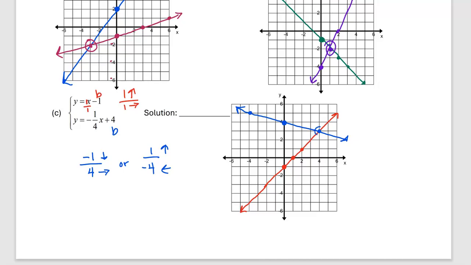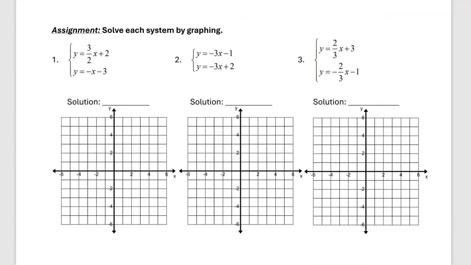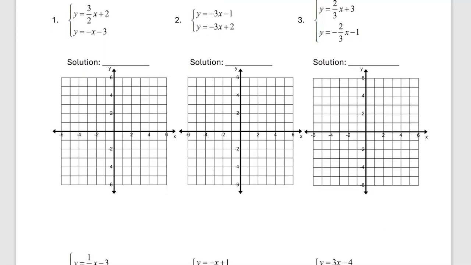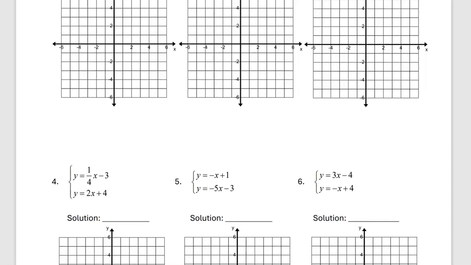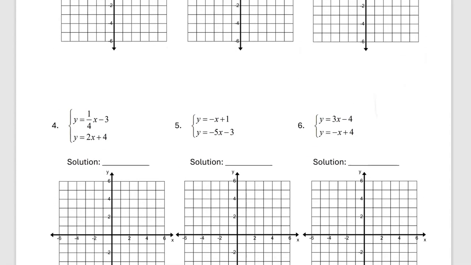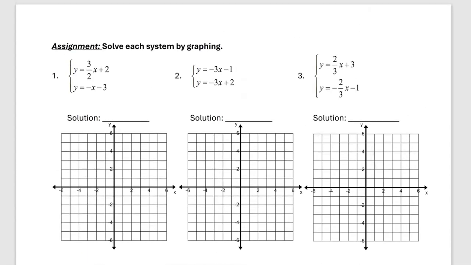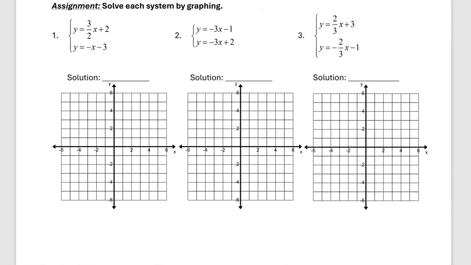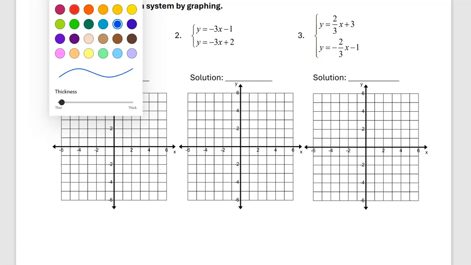And we touch right here at 4, 3. All right, you are going to go ahead and complete these examples here. We're going to go ahead and do number 2 together, but you're going to complete all the rest of those 5 examples.